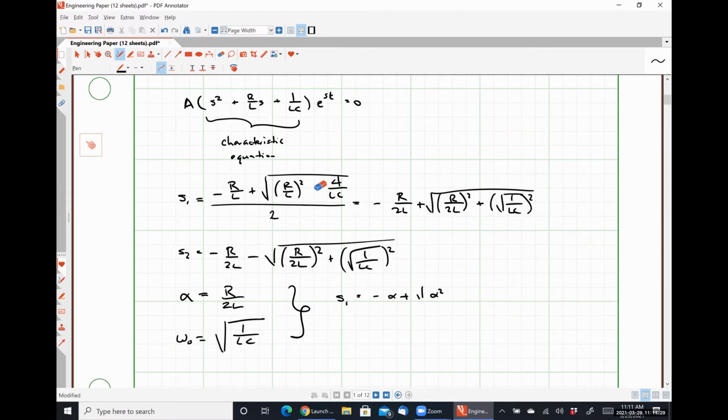Sorry, those should be minuses, because it's b squared minus 4ac: alpha squared minus omega naught squared. And S2 is equal to negative alpha minus the square root of alpha squared minus omega naught squared.